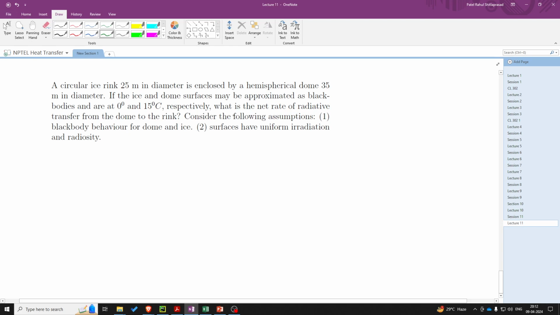So if we take a look at the diagram, we have been given a circular ice rink. So basically this is our ice and it is enclosed by a hemispherical dome. For the ice, the diameter is 25 meter, and for the dome, the diameter is 35 meter.